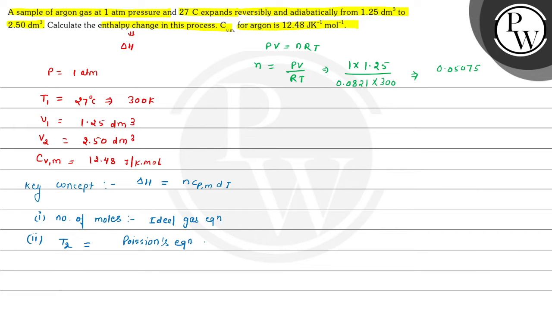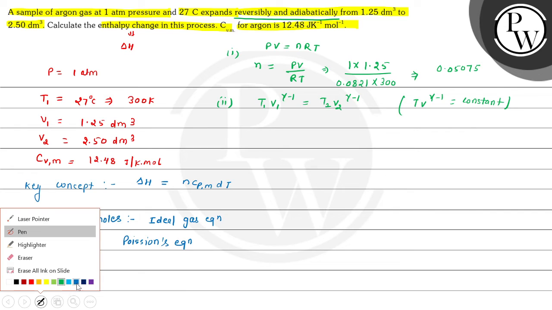So the Poisson's equation used here, this is for the first state and this is for the second. We can write T1 V1 raised to the power gamma minus 1 equals T2 V2 raised to the power gamma minus 1, because TV raised to the power gamma minus 1 equals constant for adiabatic, and here the process is reversible and adiabatic. So this is applicable to a reversible adiabatic process.